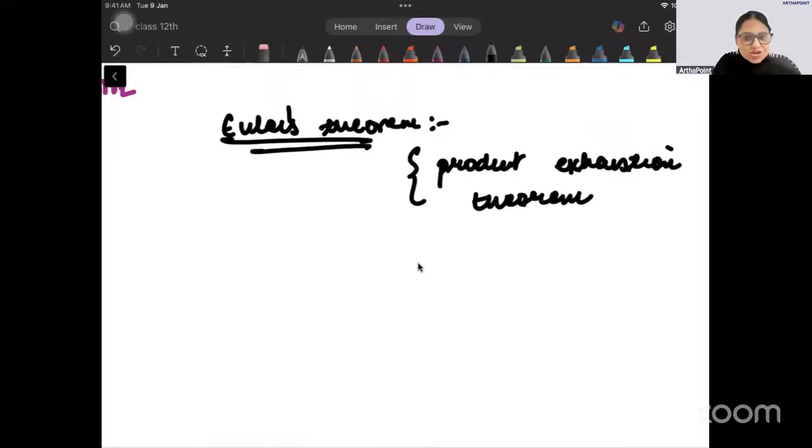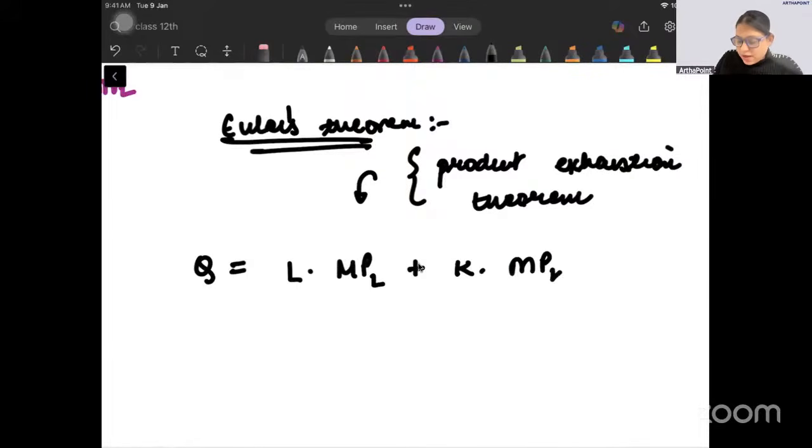The product exhaustion theorem suggests that whatever our output is, that is completely distributed among labor and capital. That is, output will be equal to labor into marginal product of labor plus capital into marginal product of capital, right?